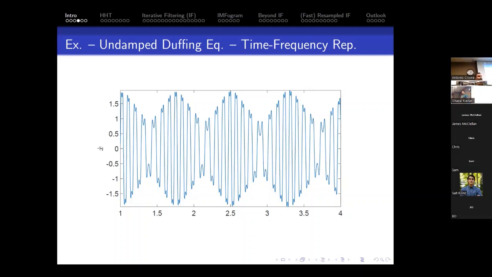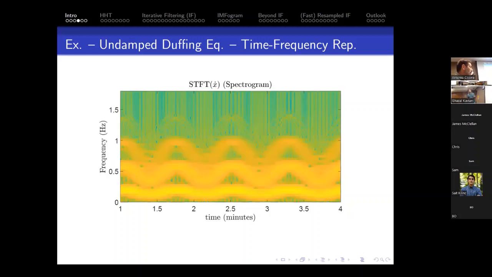Let's try to apply standard classical techniques like the short time Fourier transform. If we apply the spectrogram, that's the kind of plot we get. Here you see a low frequency, a middle frequency, a high frequency, and possibly an even higher frequency, which is a little counterintuitive because we expect two components.